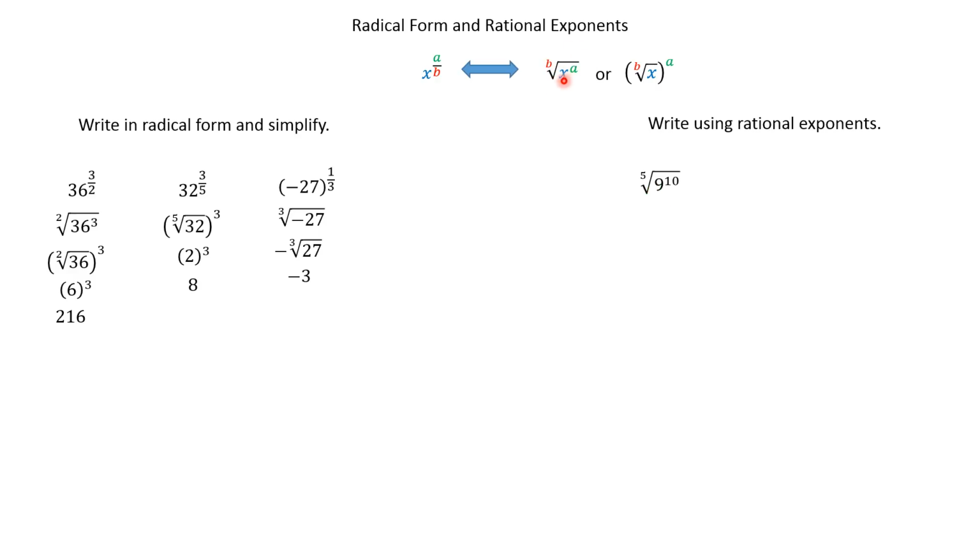Looks like this. So that's 9 to the 10 over the index, 9 to the 10 over 5. Technically, this answers the question, using rational exponents. But we could simplify this. 10 over 5, isn't that just 2? So 9 squared. 9 squared is 81.